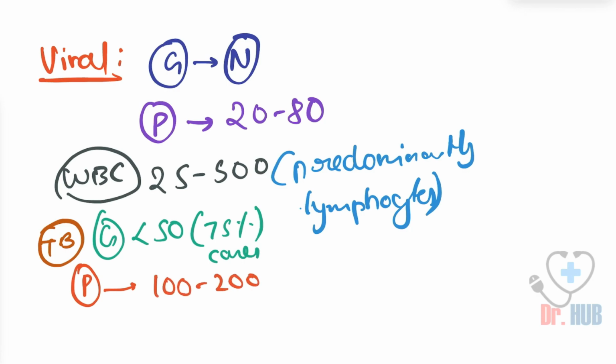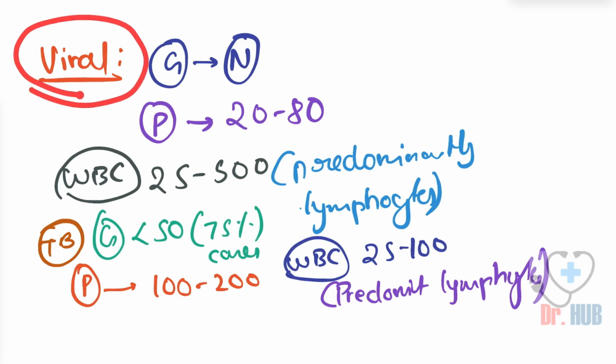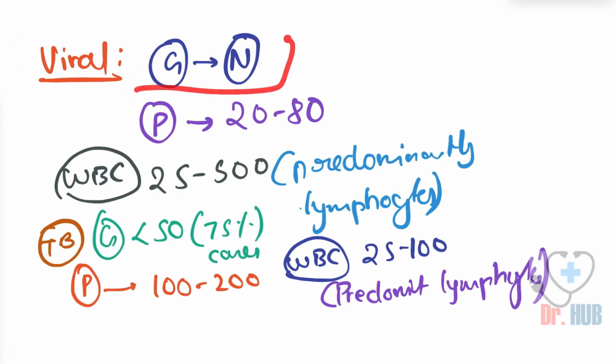And then what about the WBC? The WBC in this case is 25 to 100. It becomes significantly lower compared to the bacterial and the viral. And it predominantly includes lymphocytes.